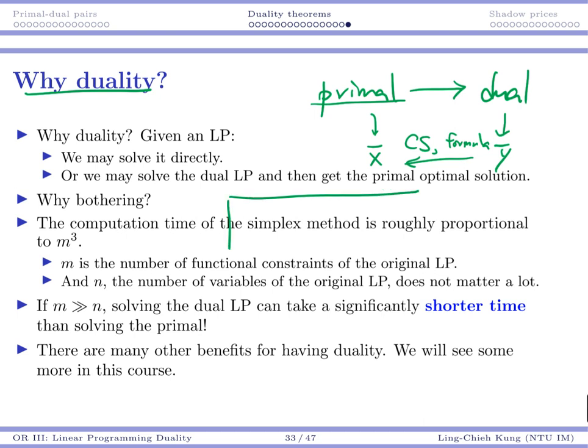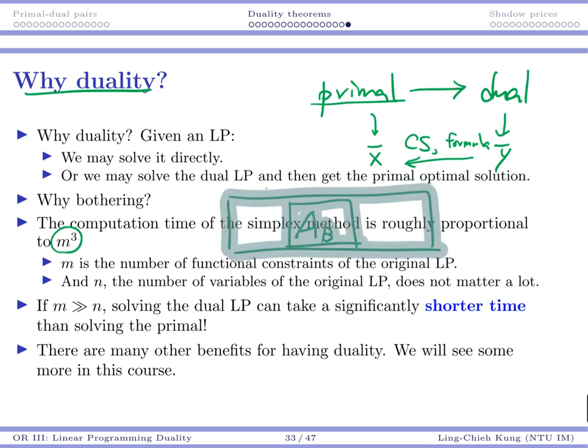Because each time when you have a matrix like this, you select one part to be AB, and then the bottleneck of computation is to calculate AB inverse. Alright? And AB inverse has complexity roughly m cubed. That's something we mentioned in the past.